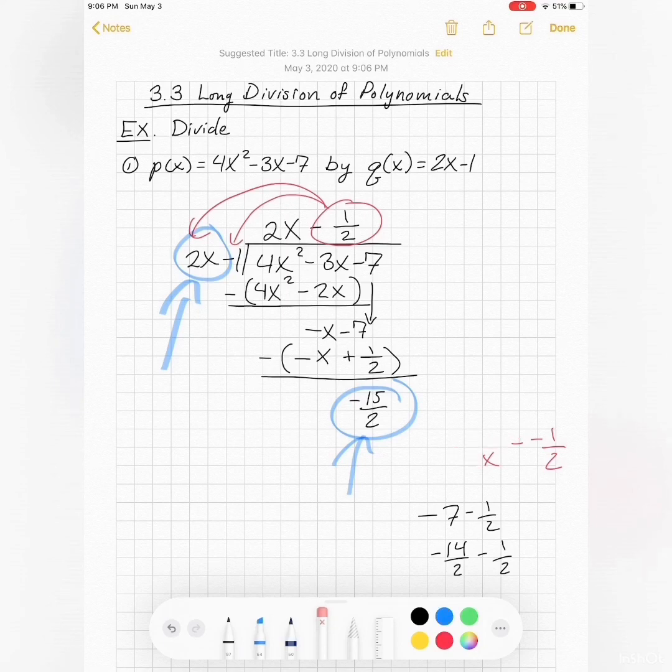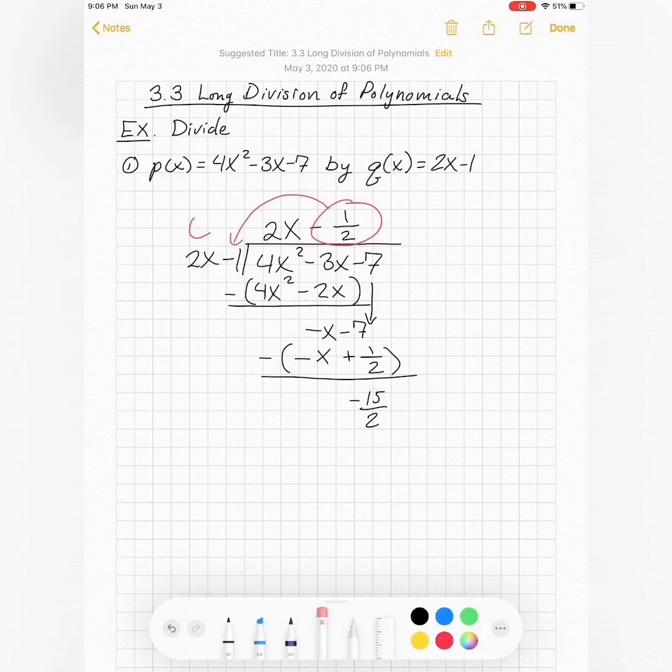So then I just have to write out what all of this means. When I can no longer divide, this guy's called the remainder. All right, so how would I write this out?